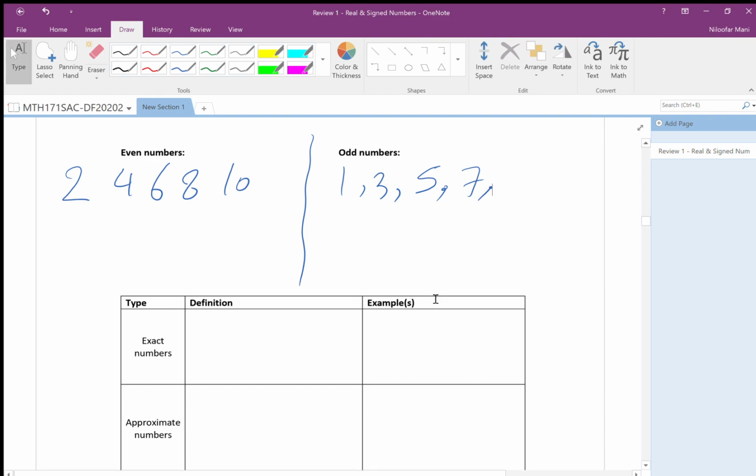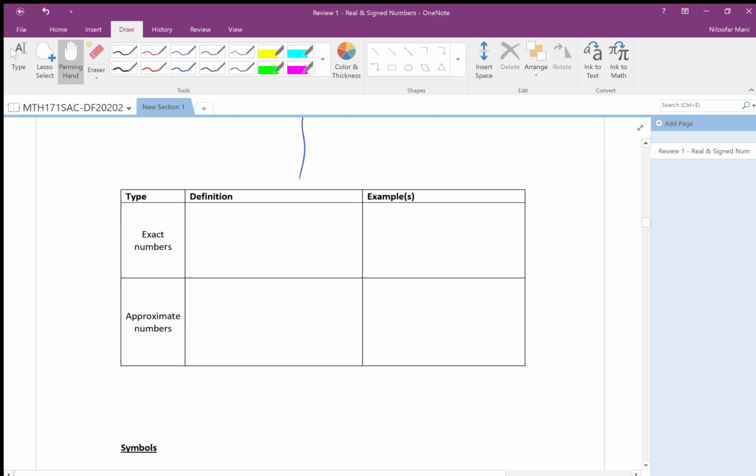Exact numbers. Exact numbers are those numbers that we are certain about. They don't have any uncertainty.